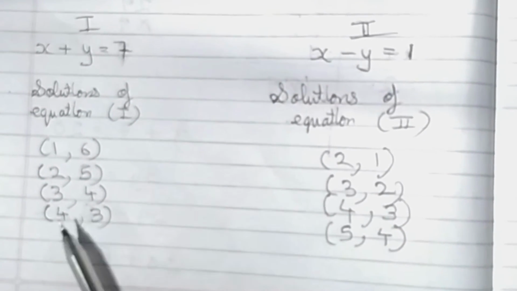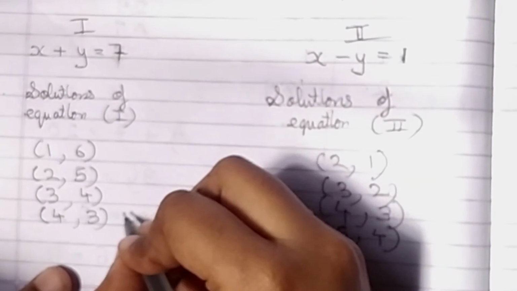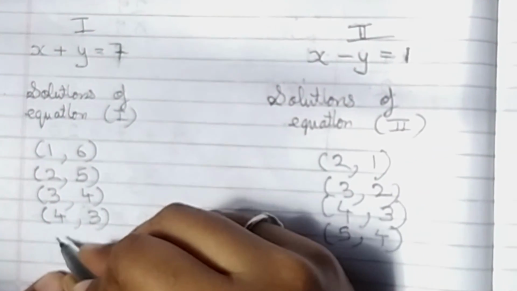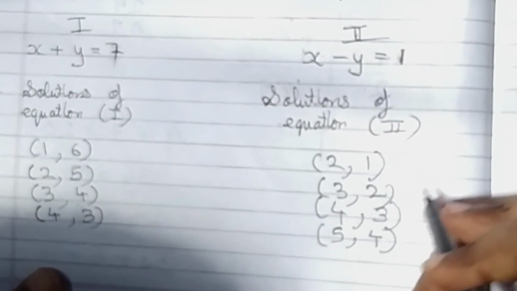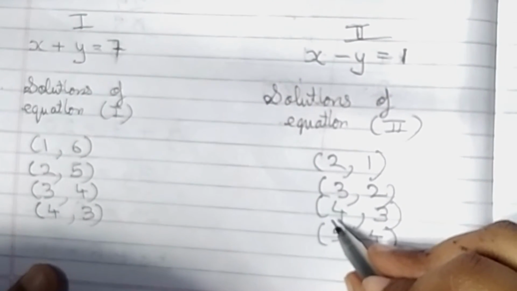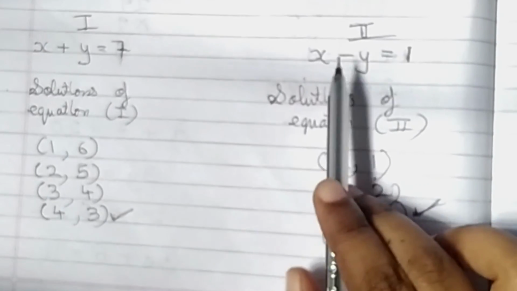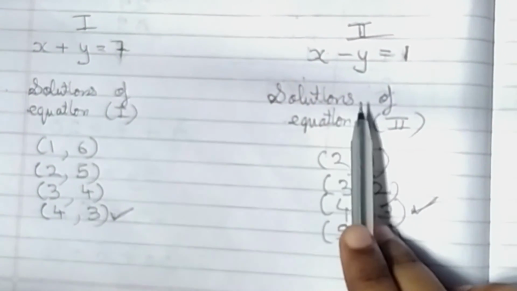When we consider these two equations together, is there any common solution here? See, the solution 4, 3. x equal to 4, y equal to 3. And here also it is there. x equal to 4, y equal to 3. This solution will satisfy both the equations.